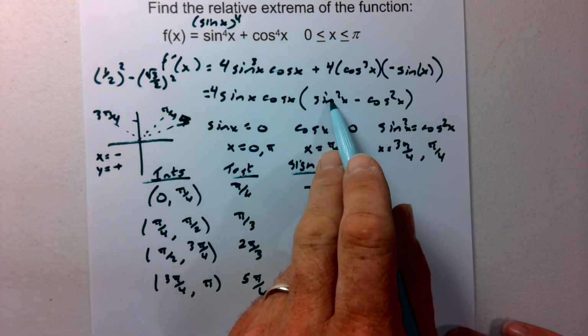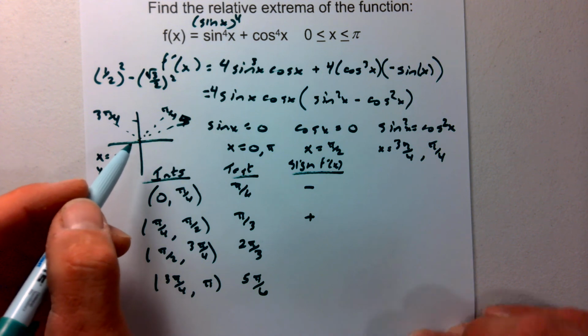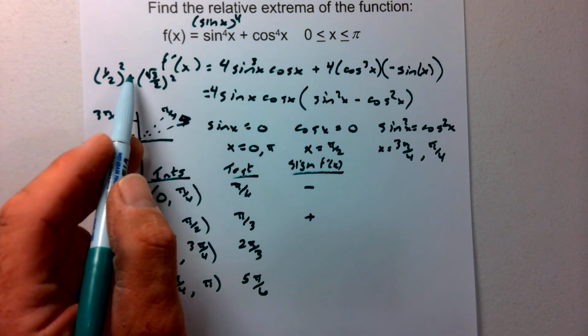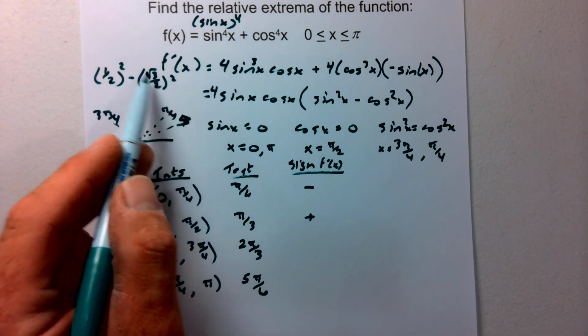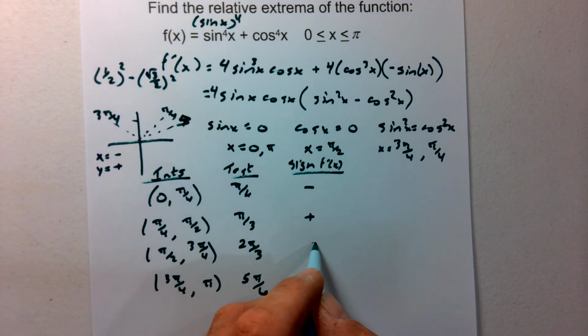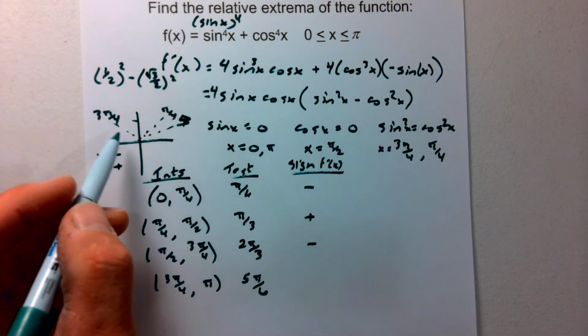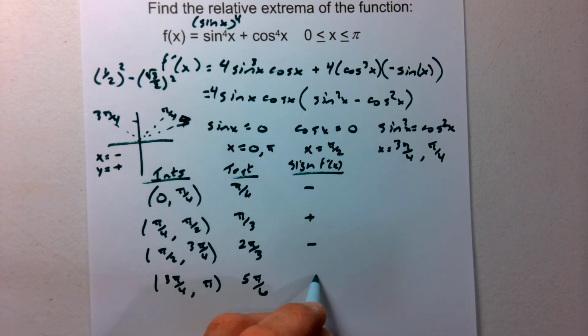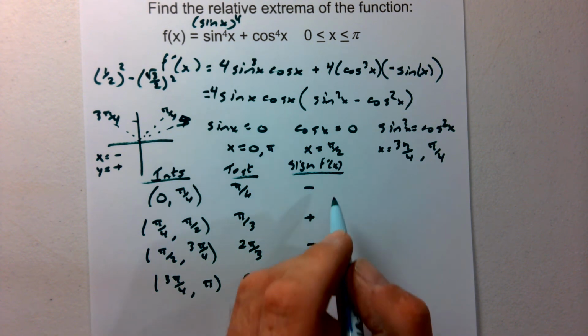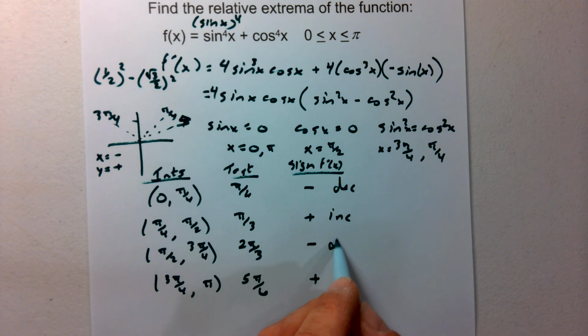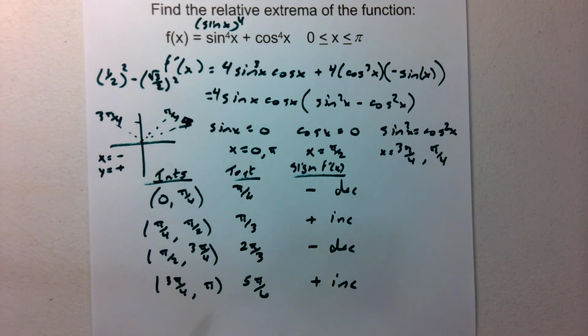So if I take the sine squared of x, that's going to be my radical 3 over 2 minus my 1/2 squared. So that's going to give us a negative value. And if I take 5 pi over 6, plugging that in again, since there's flip-flop, I'm going to get a positive value. So I go from decreasing to increasing to decreasing back to increasing.